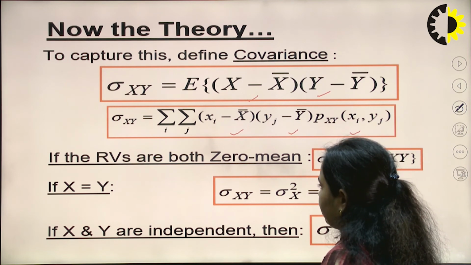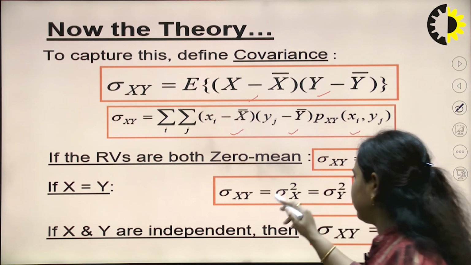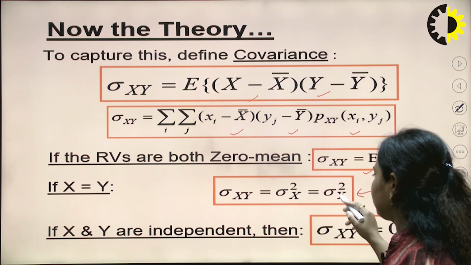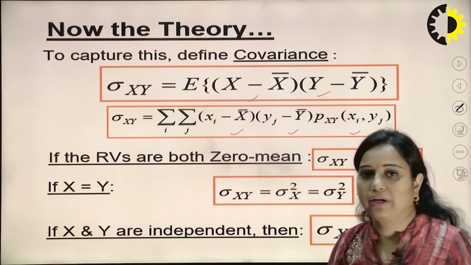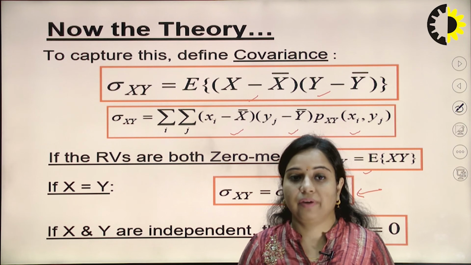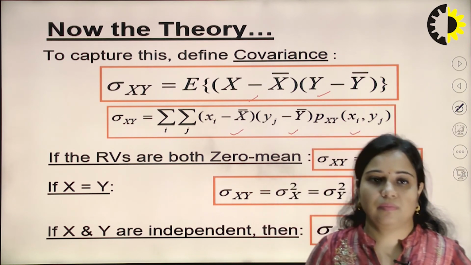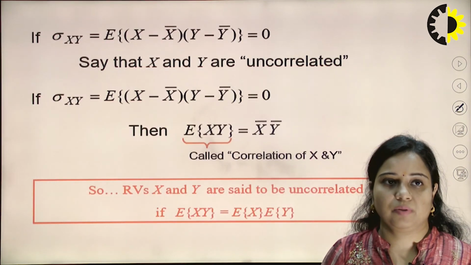If x is equal to y, then sigma x y equals sigma x square equals sigma y square. So, when the 2 random variables are equal to each other, their variance will also equal the covariance between the 2 random variables.